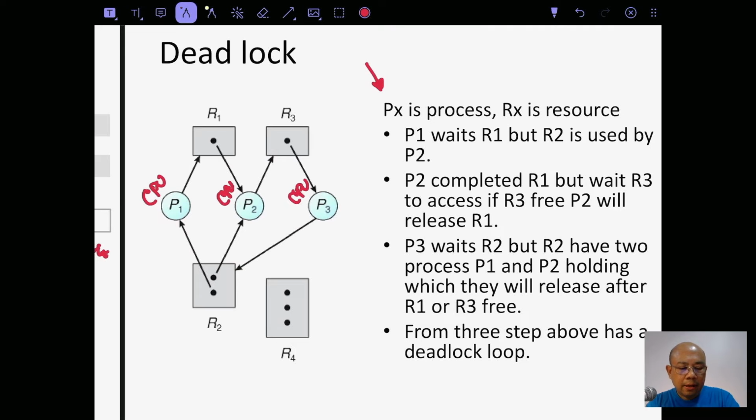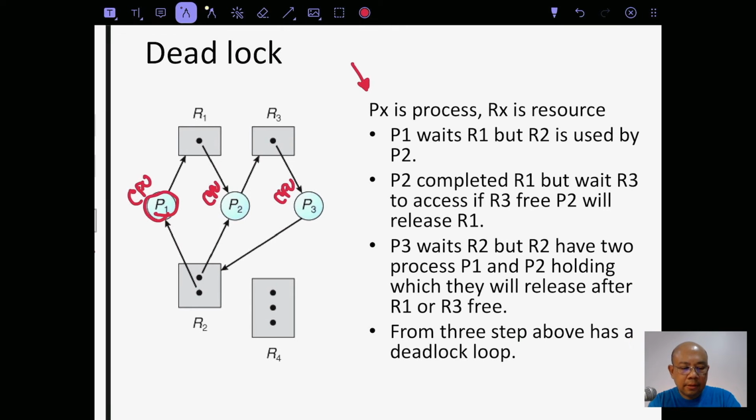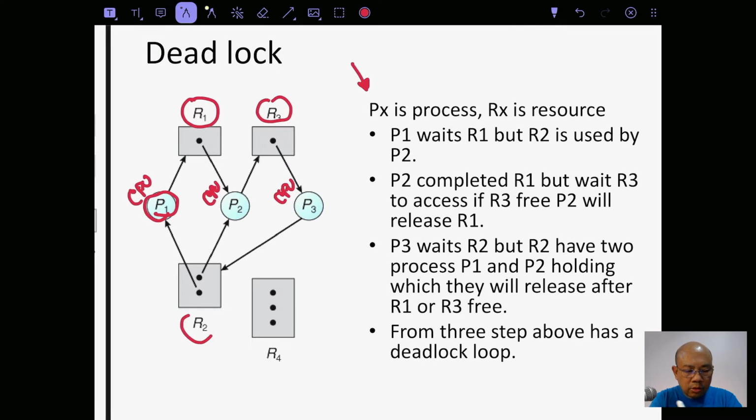Suppose I have a process named P1. P1 tries to access the resources; R1, R2, R3, and R4 are resources. A resource is a memory location or I/O. This is a resource in the computer.